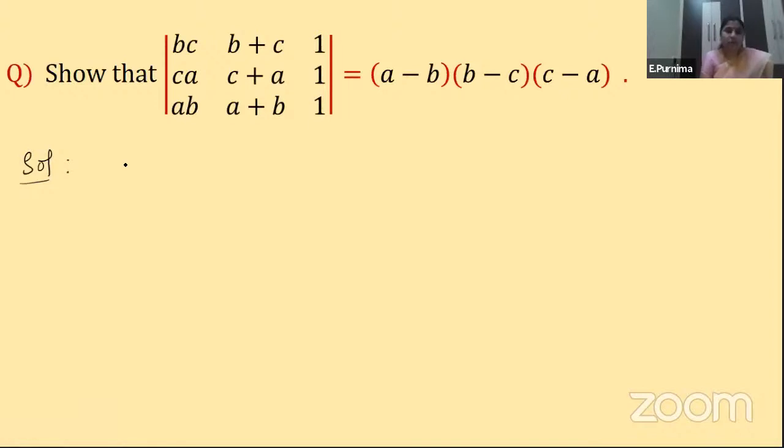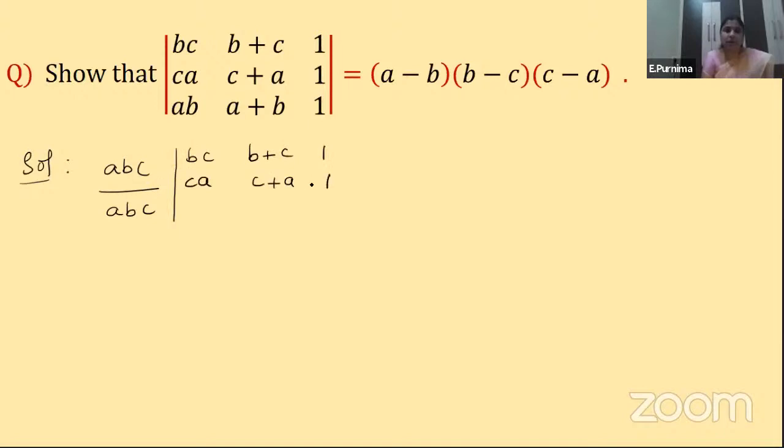What I am trying to do here, children, is multiply and divide this determinant by ABC. The determinant part remains the same because whatever I am doing is outside; I am not changing any element in the determinant.